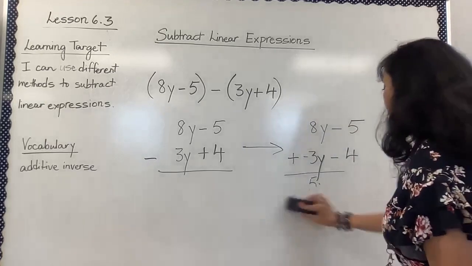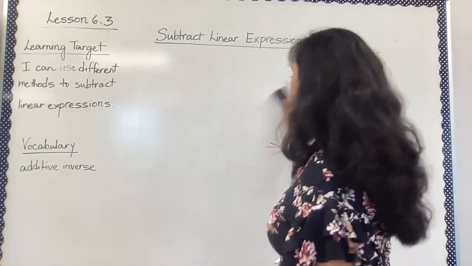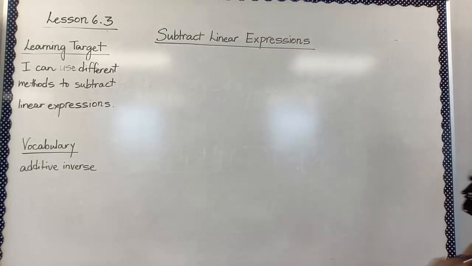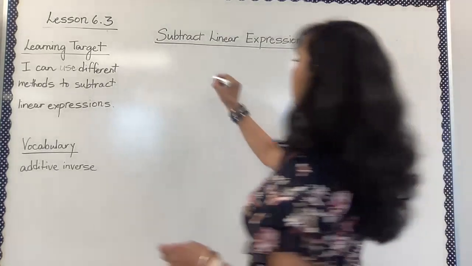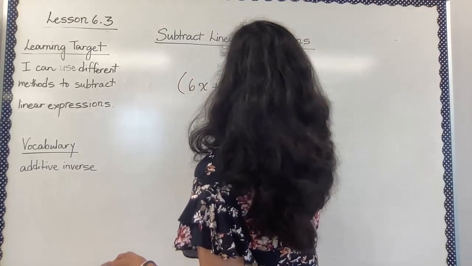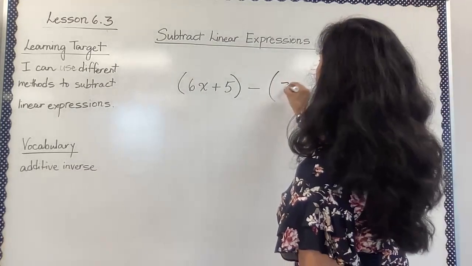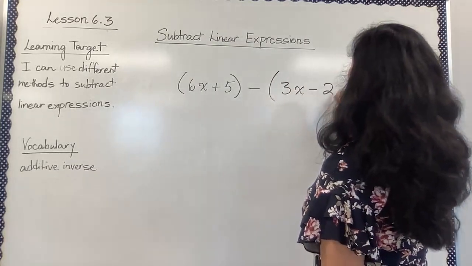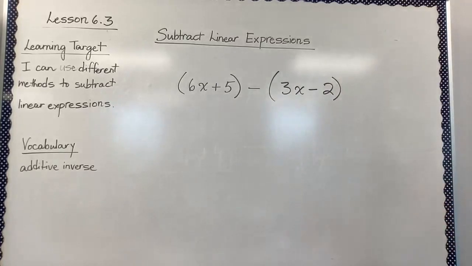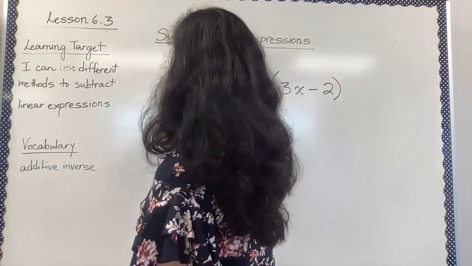I'm going to show you two different methods. We can also use algebra tiles in order to solve this. If I have 6x plus 5 minus 3x minus 2, first I'm going to model 6x plus 5 using my algebra tiles.